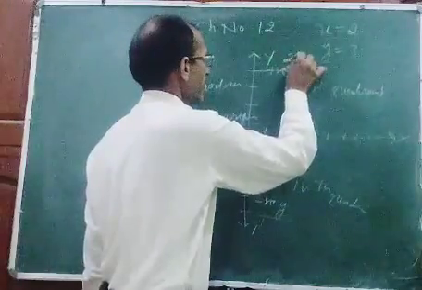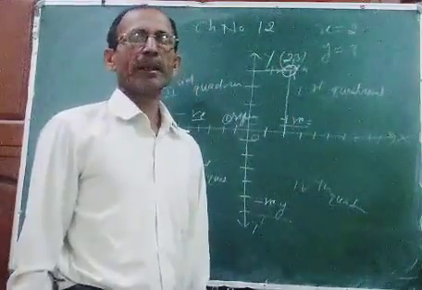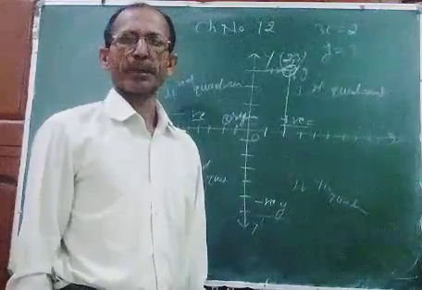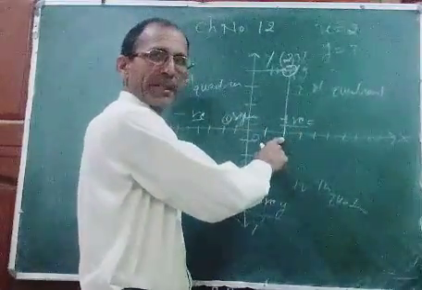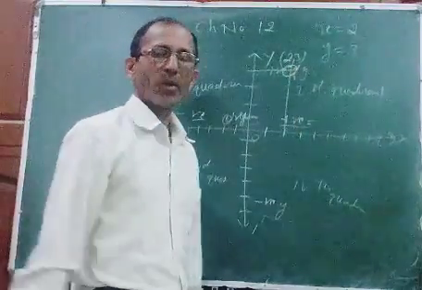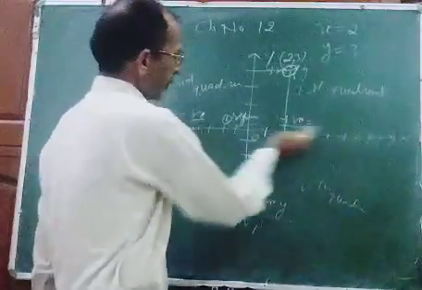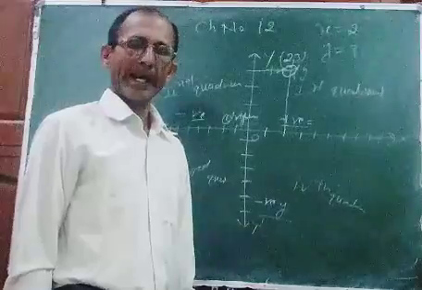So 2, 3. This way we will plot the coordinates on the graph. So 2, 3. 2 is the abscissa and 3 is the ordinate. Understood?